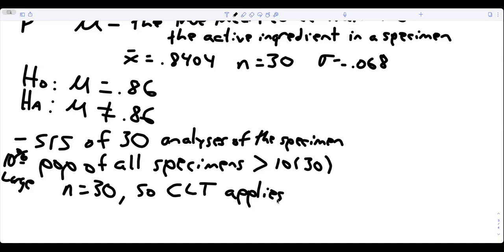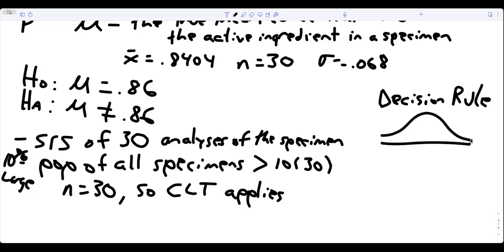Right, I'm going to do the decision rule. So this is a z-test, so I've got a z critical value and a negative z critical value.